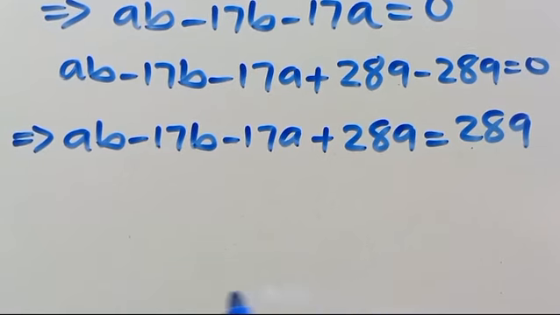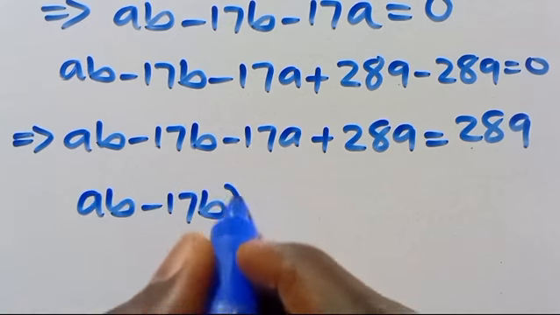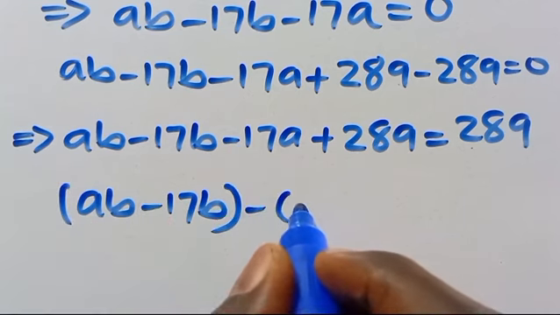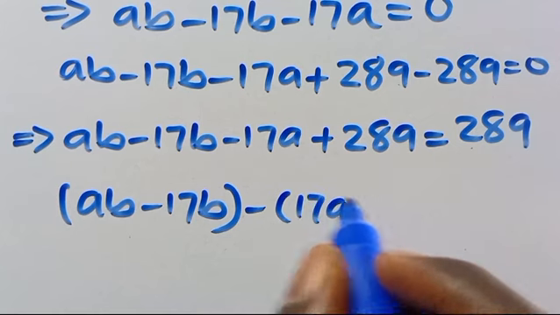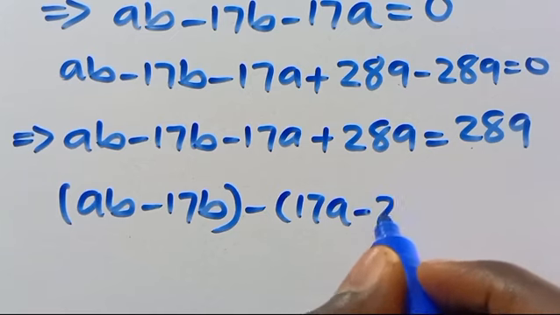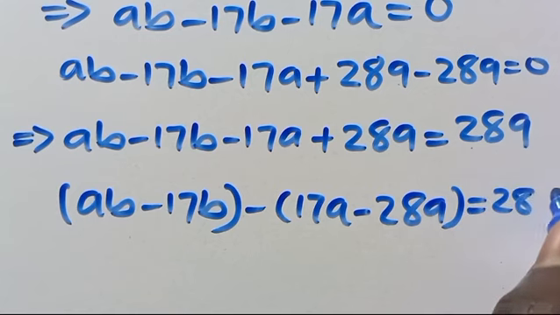Then let's do something reasonable. Let's put this in parentheses: we have ab minus 17b. Let's factor the minus outside: we have 17a, minus 289 equals 289.